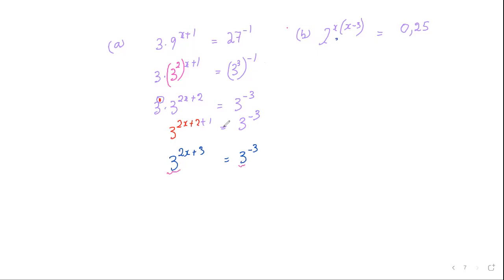We equate the exponents. We will say 2x plus 3 is equal to negative 3. So 2x will equal negative 3. Transpose the 3 here. This is minus 6.